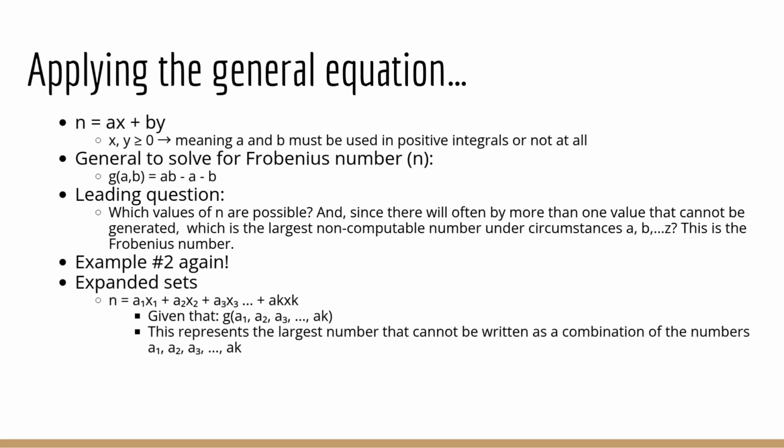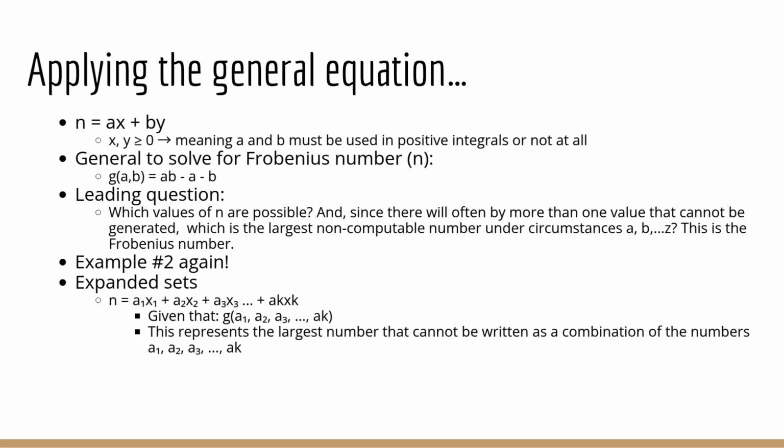So for an even more expanded value set where you have more than 2 possible values that you're allowed to use, we can expand it even more to write n equals a1 times x1 plus a2 times x2 plus a3 times x3, continued up to ak times xk.